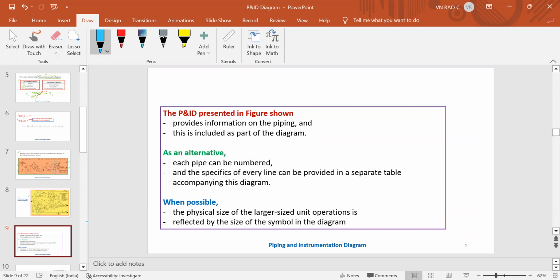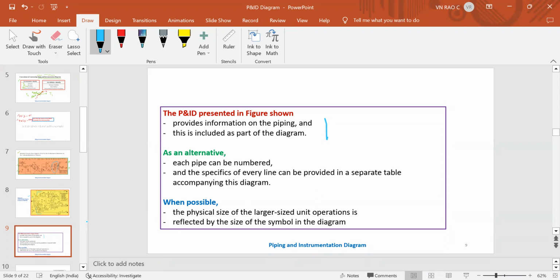The P&ID represented in the previous figure provides information on piping, which is included in the diagram. An alternative is that each pipe can be numbered and the specifics of every line can be provided in a separate table. But here, the specifics are given on the line itself without a number.